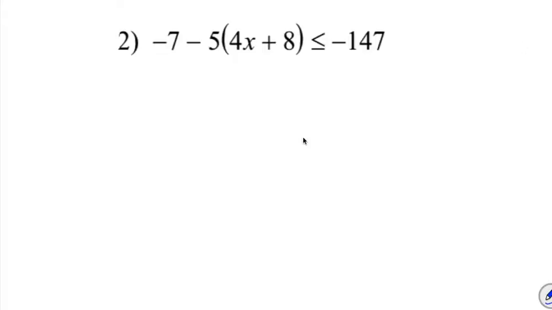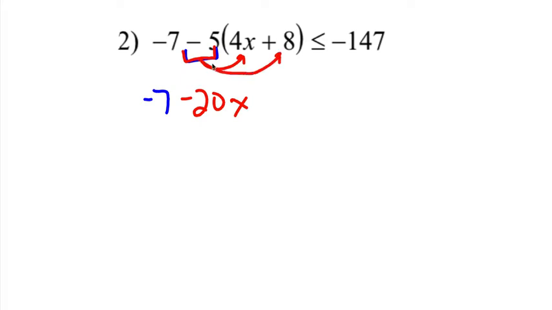Number 2, again, same thing, we're going to start off with the distributive property, so bring down -7. I'm going to multiply this -5 through, so -5 times 4x is -20x. And -5 times 8 gives me a -40.